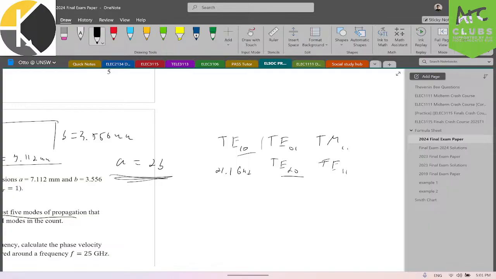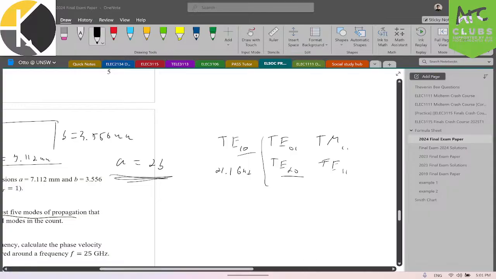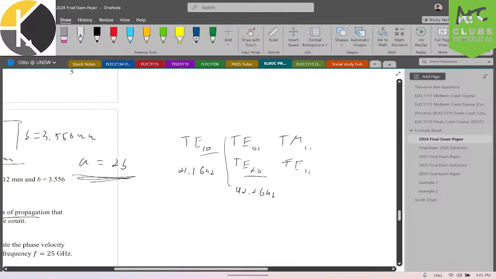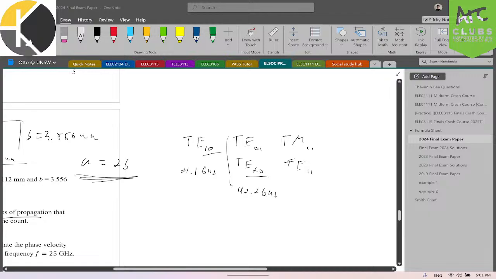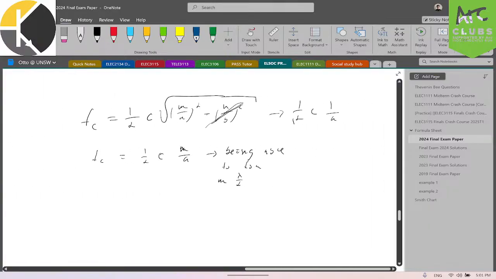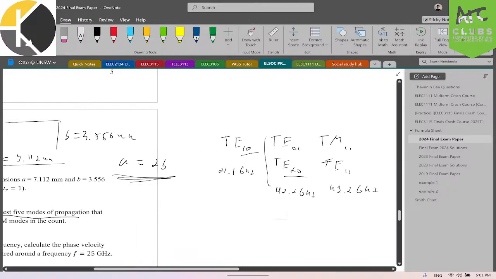For those two modes, which are going to be equal frequency, you are going to have 42.2 gigahertz, which is exactly twice that because of the same relationship between width and height. And those modes are going to have 47.2 gigahertz. You get this number by plugging into the formula here, with different indices of M and N.